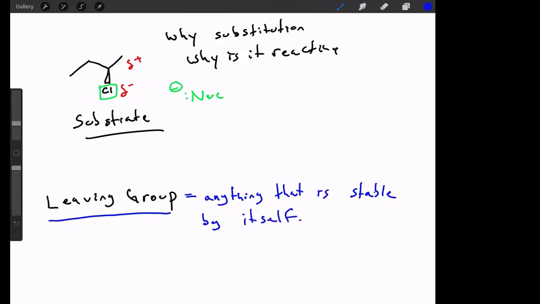Now, if we think about identifying species that are stable by themselves, we've already got some practice doing this. If we think back to chapter 3, when we talked about acids and bases, we thought about something like HCl in terms of its acid-base reactivity, to try to determine whether this was a strong or weak acid.